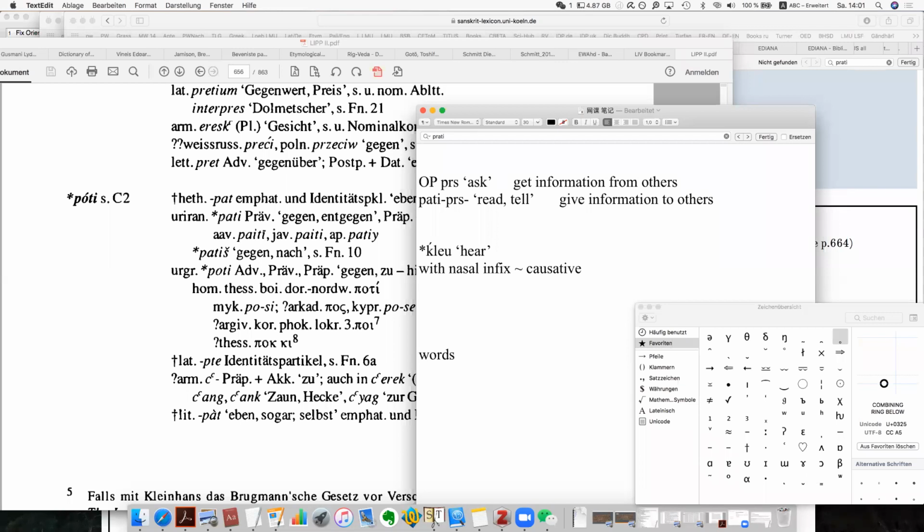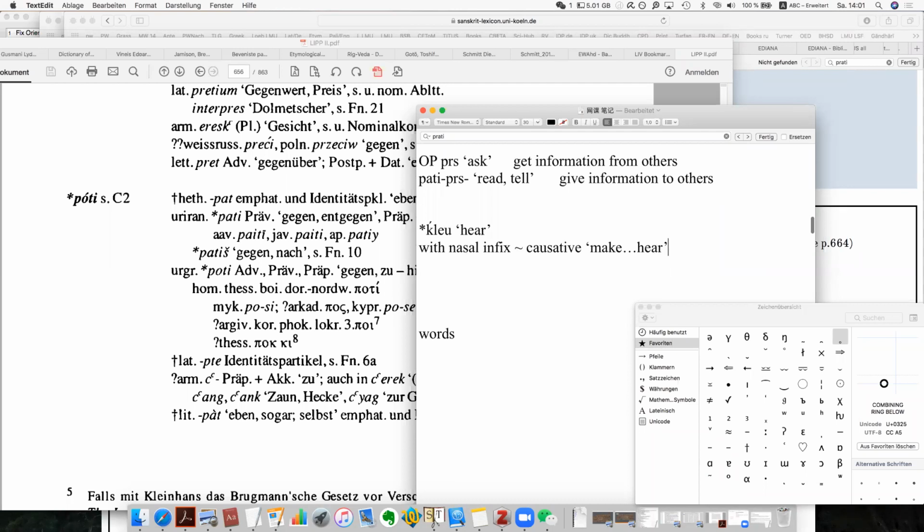And causative meaning means to make someone do something. And this is the example in Tocharian.